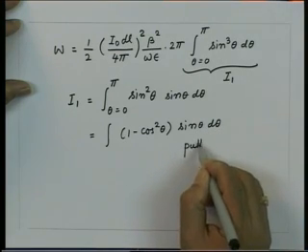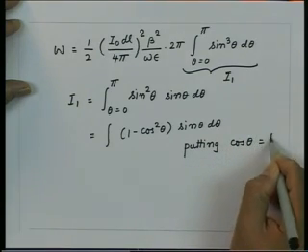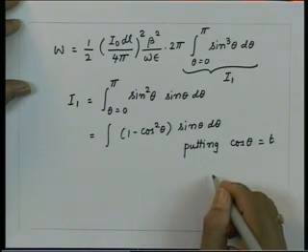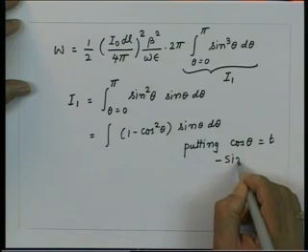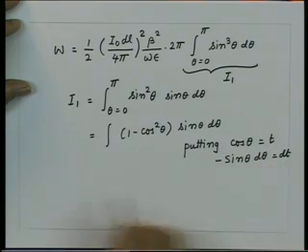Putting cos theta equal to t, minus sin theta d theta will be equal to dt.